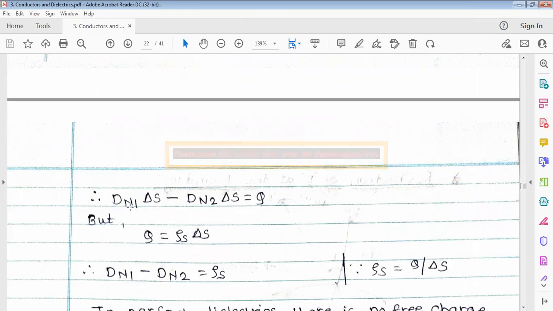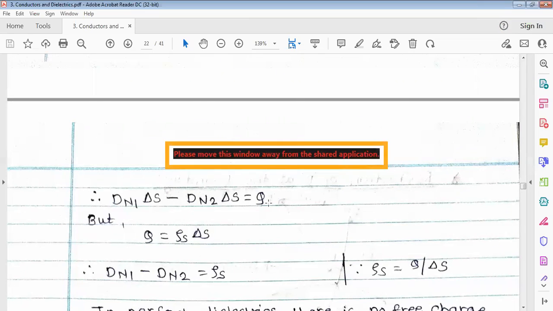Now for the top surface it is dn1 delta s, and for the bottom surface it is minus dn2 delta s, and this is equal to charge q. We know that the charge q is also given by rho s ds, or rho s into delta s.